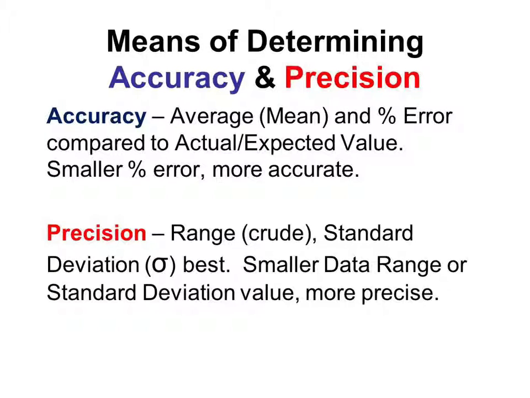Some may have been in another course where they were looking at statistics, like a math course or maybe even an intro business course. But the bottom line is, what you're looking for here for precision is the smallest amount of scatter in your data. The range will give you a crude way to look at that, whereas the standard deviation is the better way to do that.